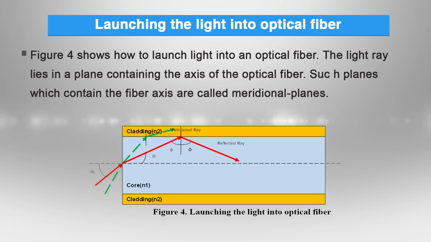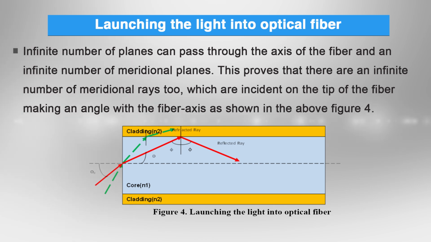Launching the light into the optical fiber. The figure shows how to launch light into an optical fiber. The light ray lies in a plane containing the axis of the optical fiber. Such planes which contain the fiber axis are called meridional planes, and consequently the rays lying in a meridional plane are called meridional rays. An infinite number of planes can pass through the axis of the fiber.